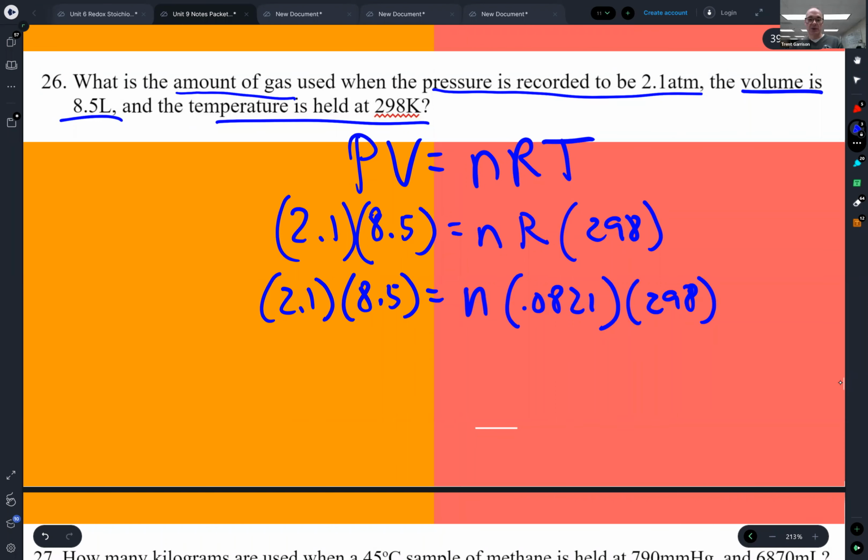All right, so now what we've got here is an opportunity to solve this algebraically. So I will get that n by itself. n happens to be the number of moles, which is the amount of gas that is in the question.